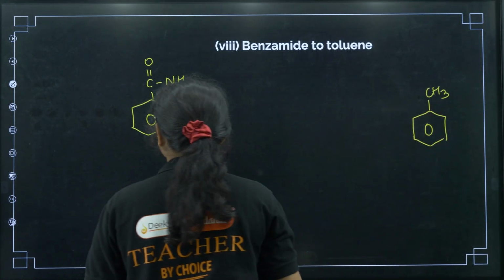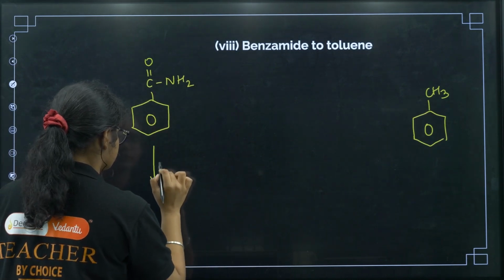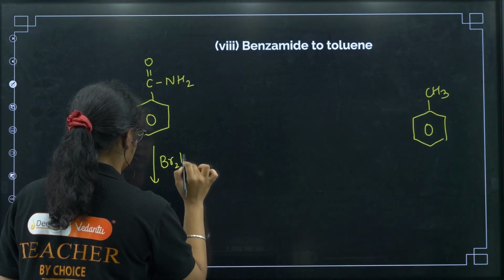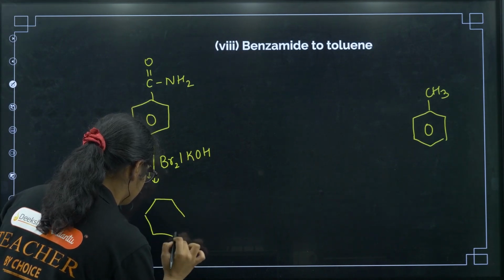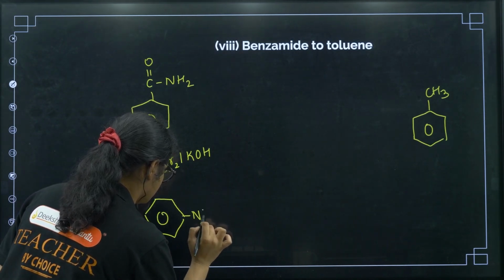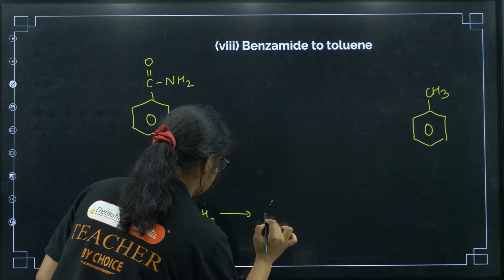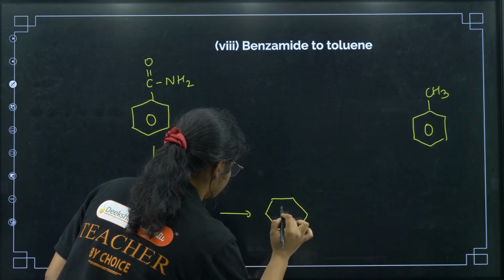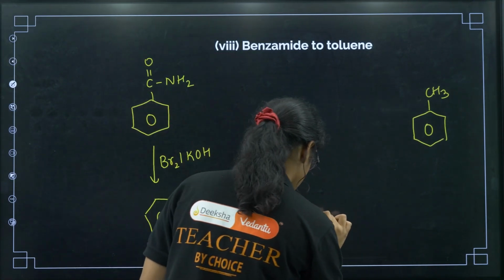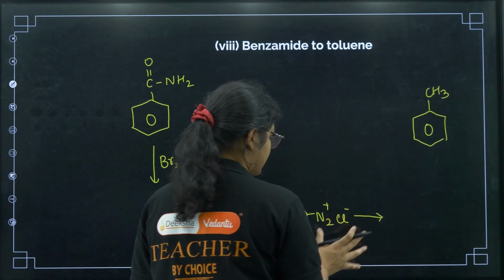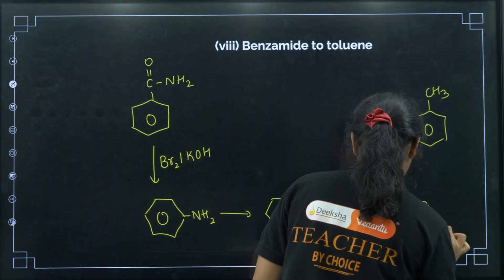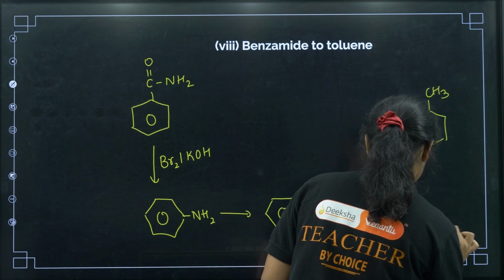Okay, so first what I can do, you can just use here Br2 KOH, and you can get aniline from here. Now after getting aniline, just convert it into N2 plus and Cl minus. After getting that, just convert it to H.